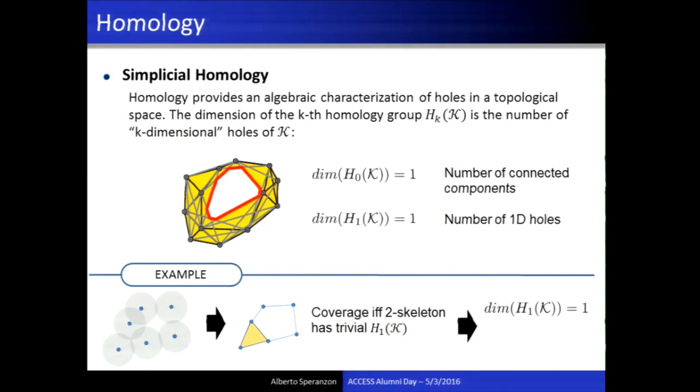Of course, in this case, it has dimension 1 because there is one hole here. And so you can see that in this context, a graph representation is probably not the most suitable, whereas a simplicial complex representation where you inherently capture volumes or high-dimensional information is probably the more useful one. So here, coverage is not achieved.